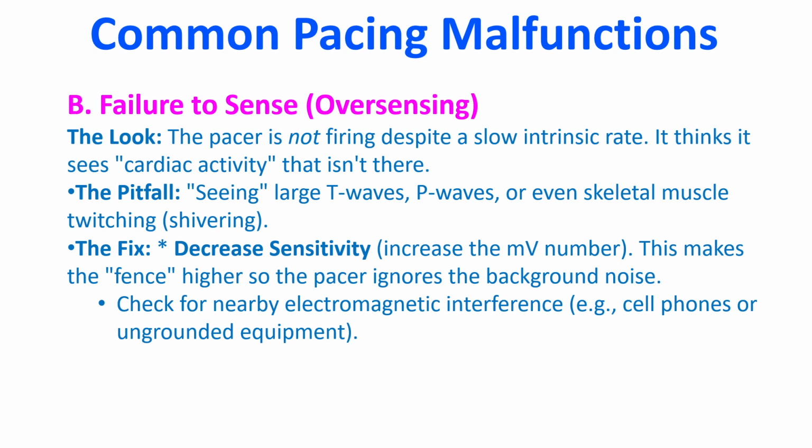Decrease sensitivity, that is, increase the millivolt number. This makes the fence higher, so the pacemaker ignores the background noise. Check for nearby electromagnetic interference like cell phones or ungrounded equipment.